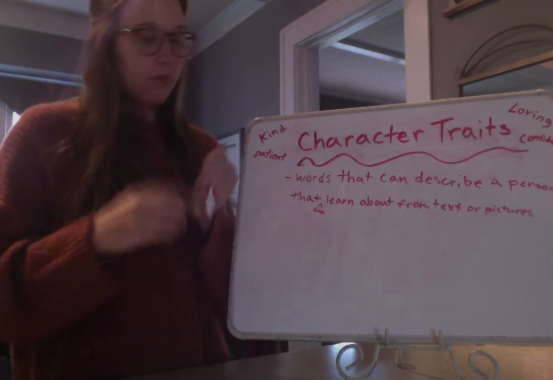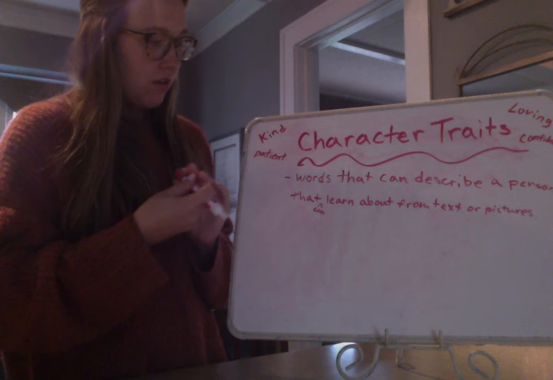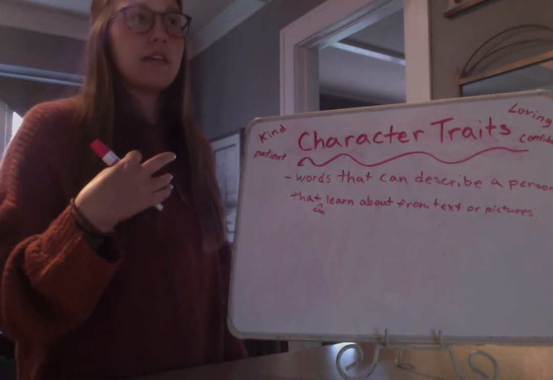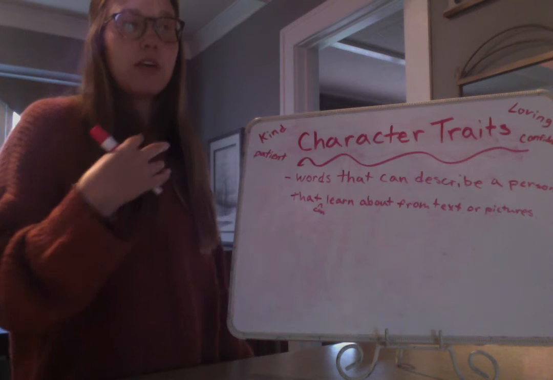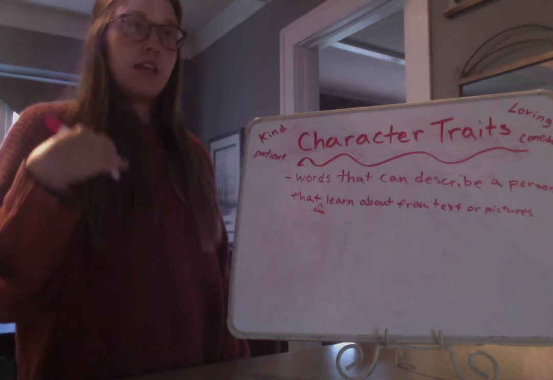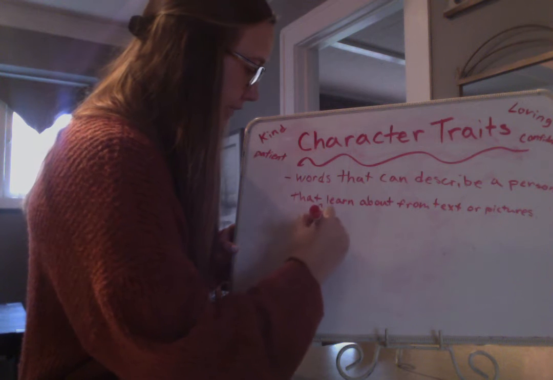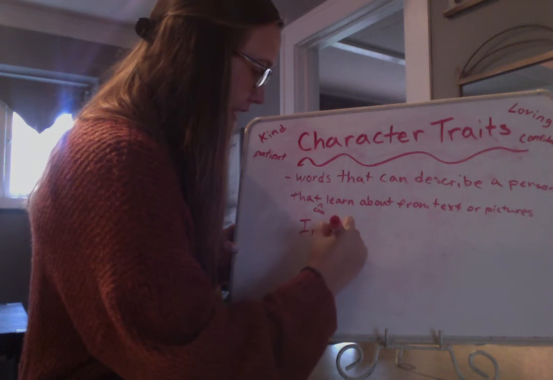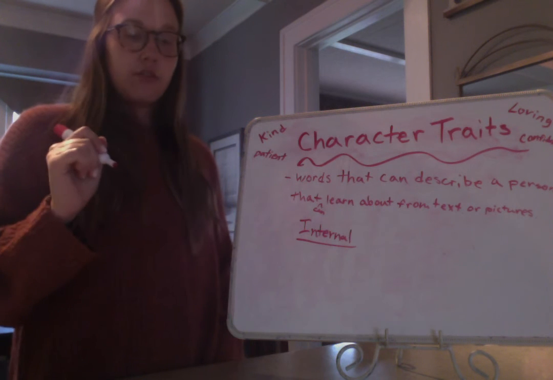I'm going to help you. We're going to start off. If you're happy or you're a joyful person, what do we call that? We call that the internal character trait, right? It's hard to write sideways. Internal.